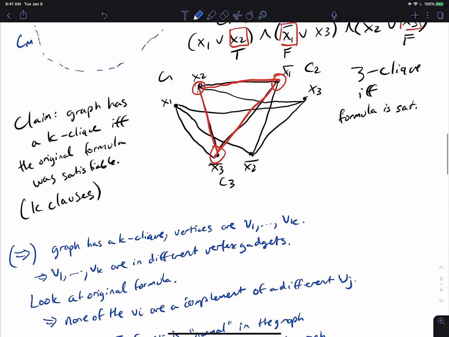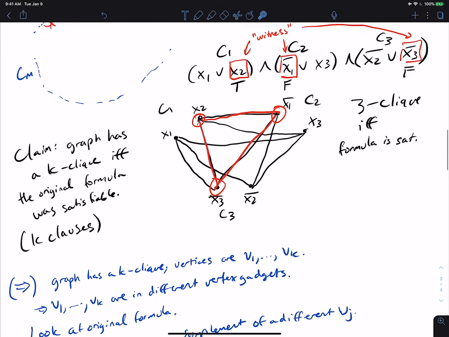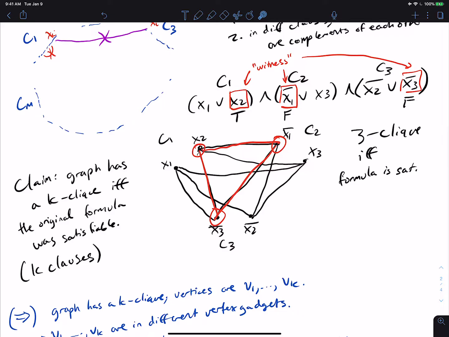If the formula was satisfiable, then we can use the same idea in reverse. What we need to do is pick any true variable in the clause. If it was false and complemented, we can pick that.